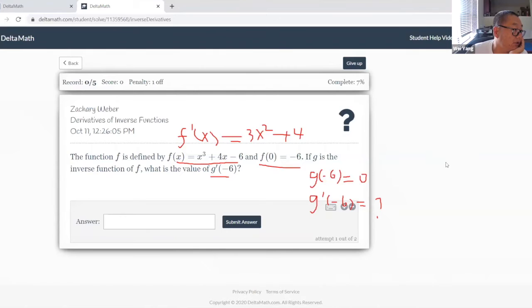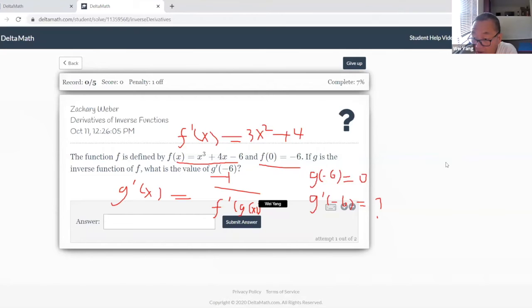Yeah, exactly, they have a formula. This one, g'(x), equals 1 over the original function's derivative at g(x).